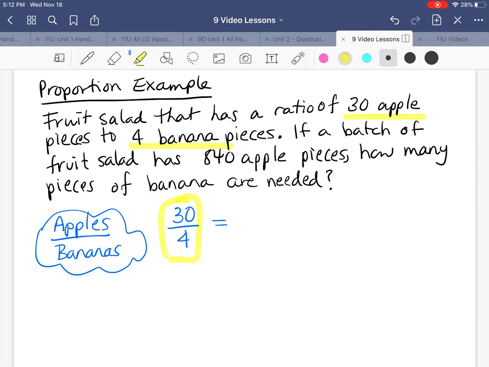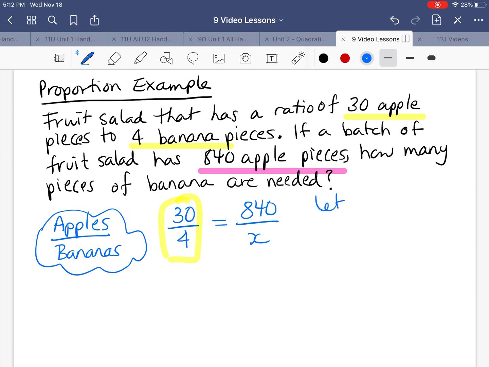Now, we are then being told that we want a batch of fruit salad that has 840 apple pieces. So our apple information goes on top, and our banana information we don't know.